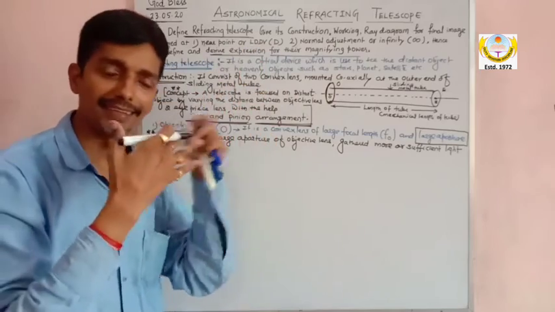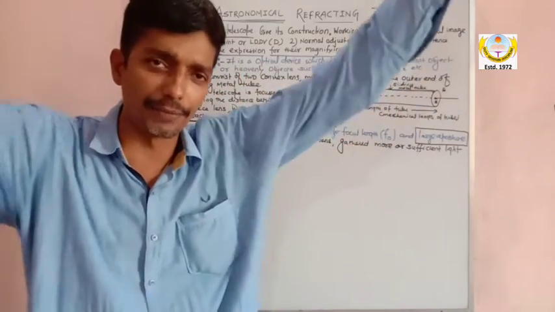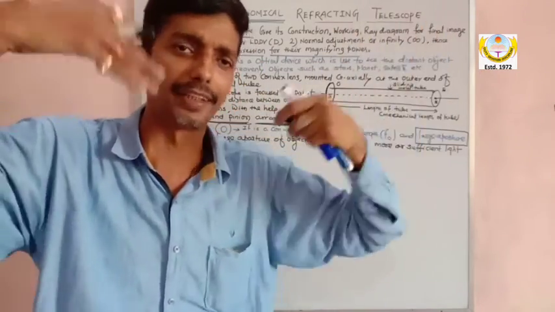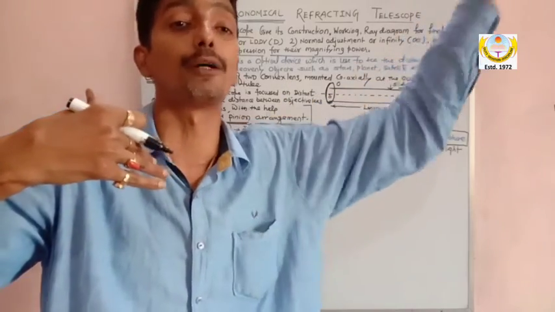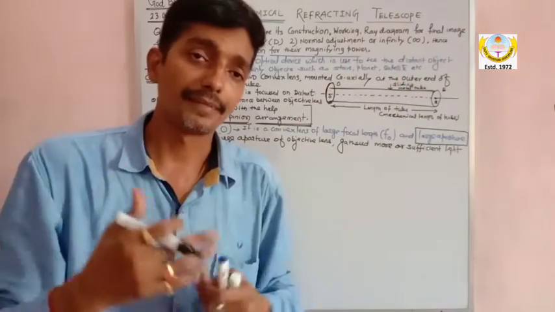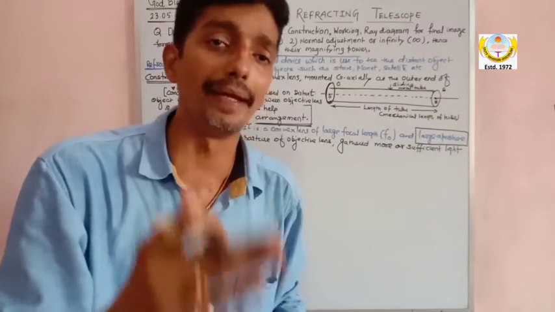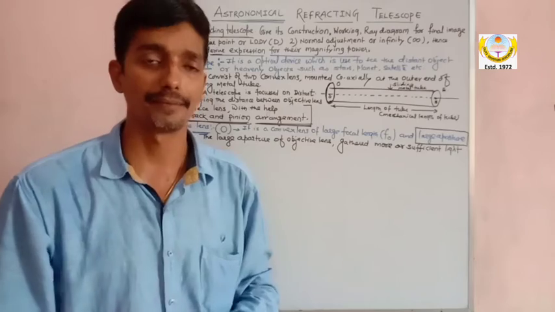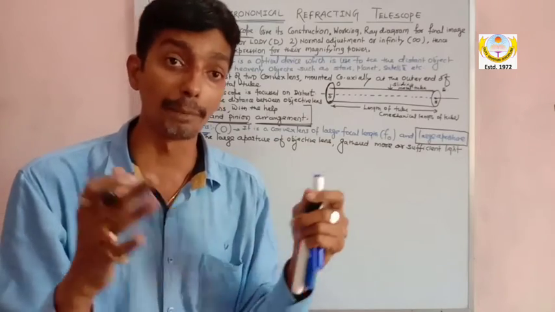We have done this. Sir, if the aperture is large, it will gather more light, or sufficient light, from where? From the distant object. And it will form a bright image of that distant object.